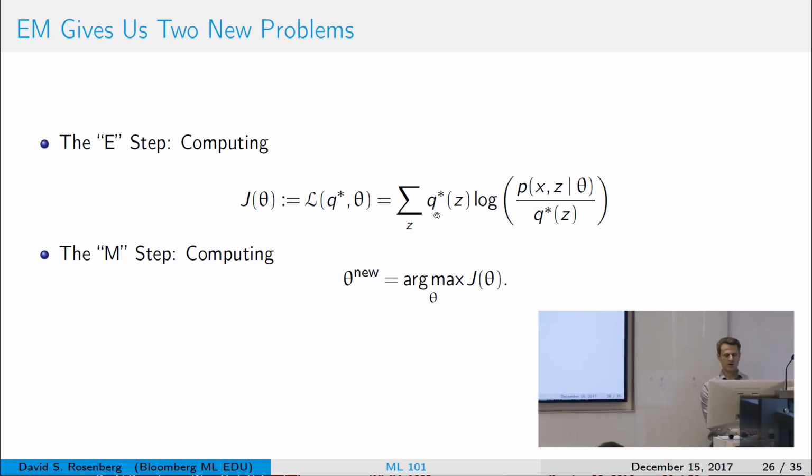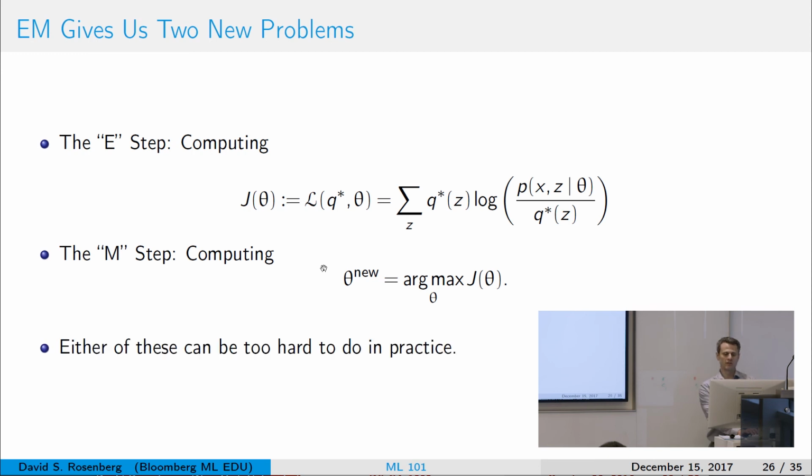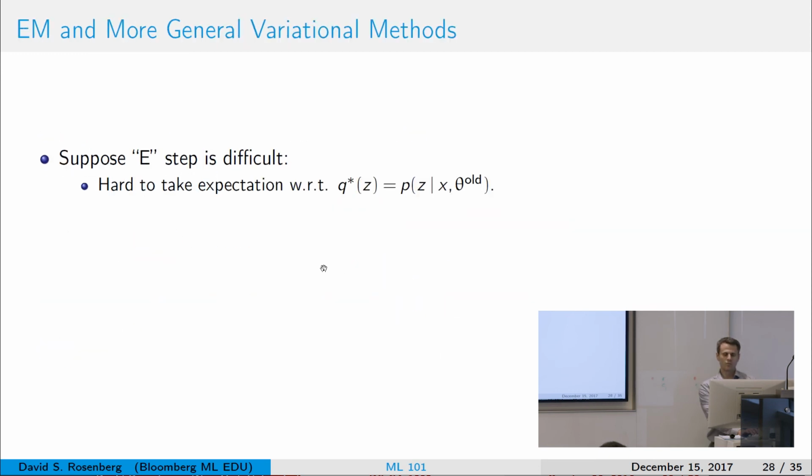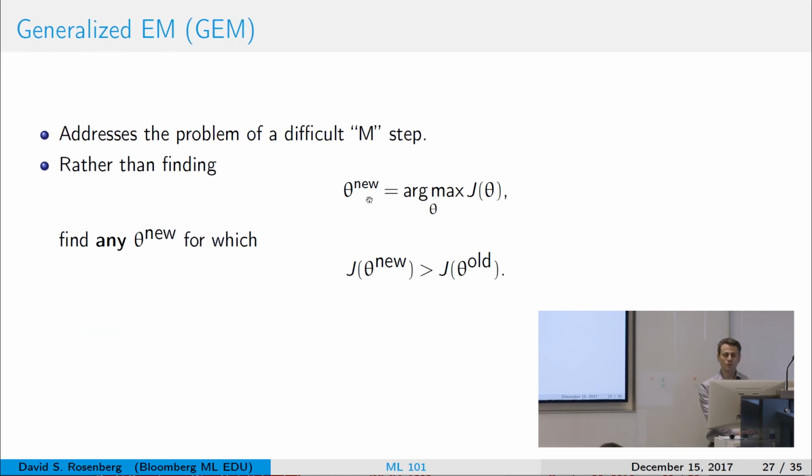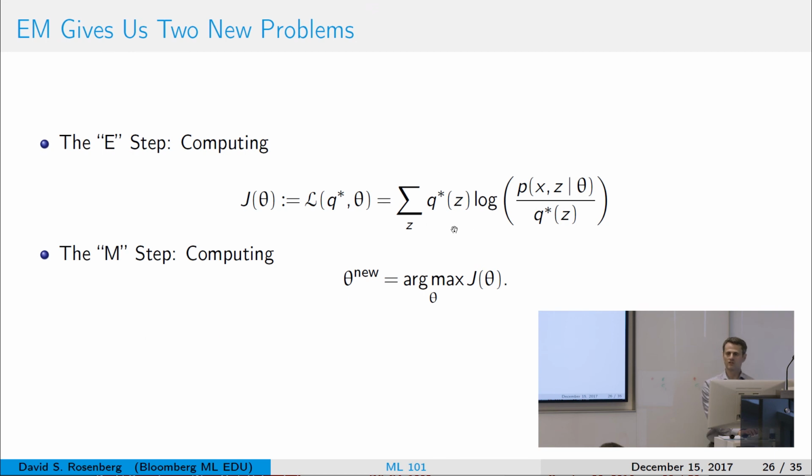The standard approach, which happens in most variational methods, though it's not needed in EM, is that rather than finding the best Q star over all possible distributions, which we did, we restrict Q star to a subset of distributions, one for which this expectation is easy to compute.